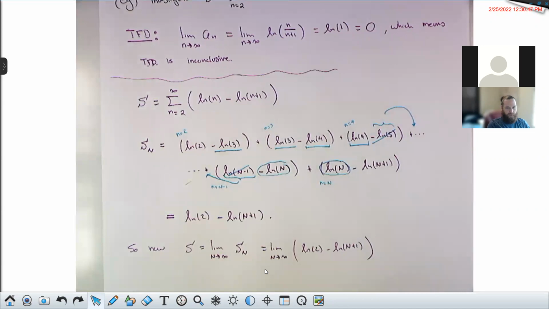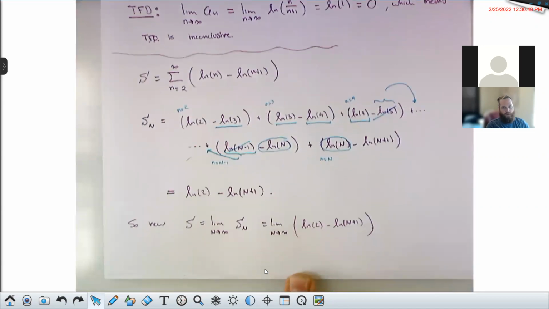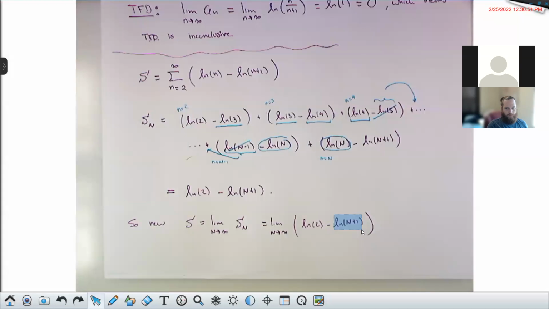And as capital N goes to infinity, what does the natural log of capital N plus 1 do? What does this piece do? This piece, ln 2 is a constant. I don't care about him. What does this do as the inside gets bigger and bigger and bigger and bigger?